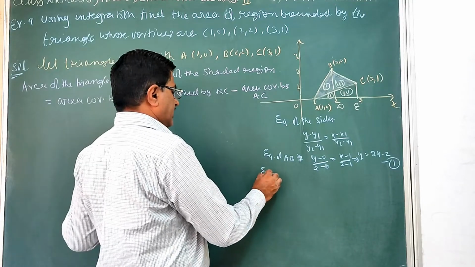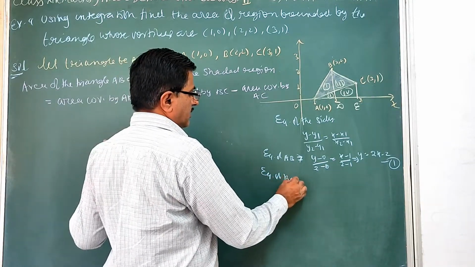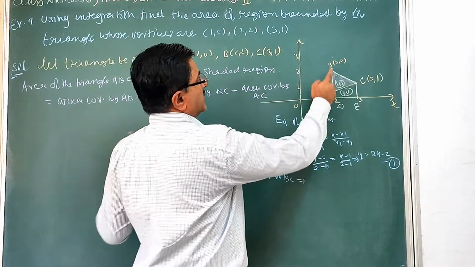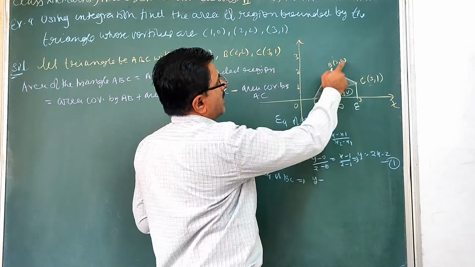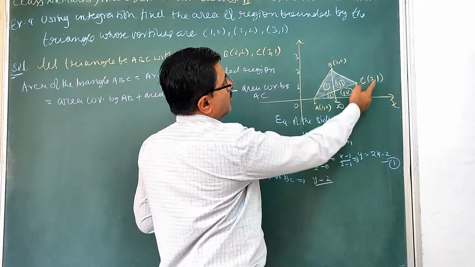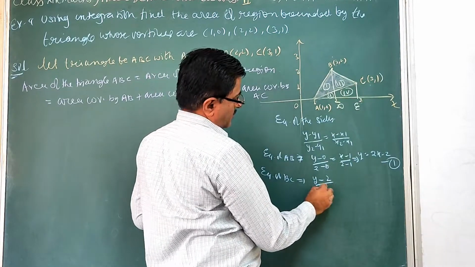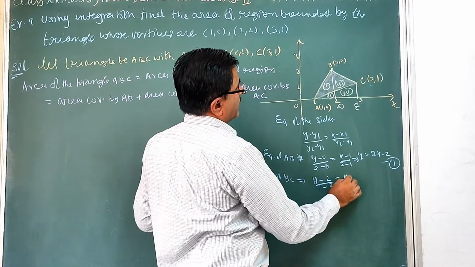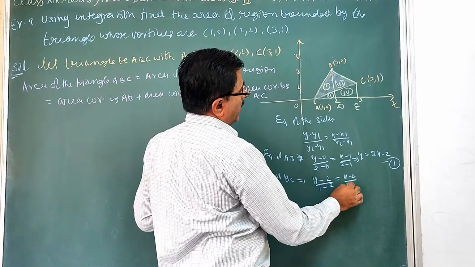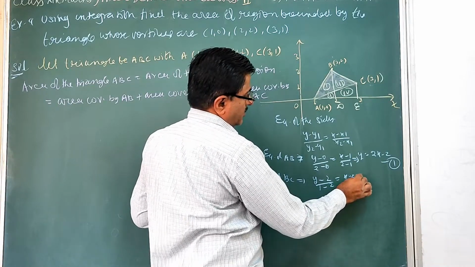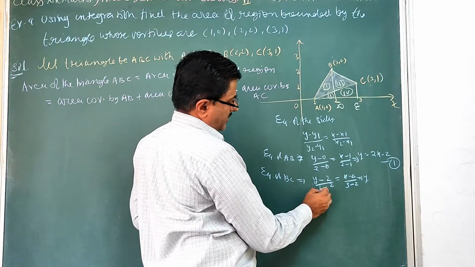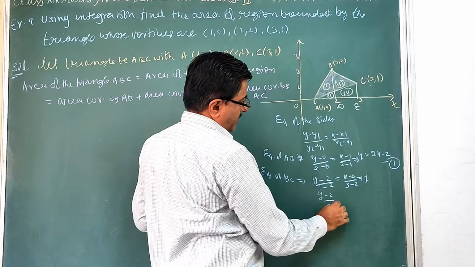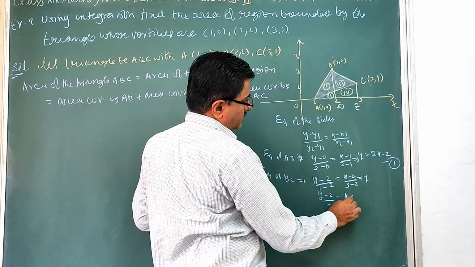Similarly, you find the equation of BC, using coordinates of B and C. So y minus y1 upon y2 minus y1, that is y minus 2 upon 1 minus 2, equal to x minus x1 upon x2 minus x1, that is x minus 2 upon 1. So y minus 2 upon minus 1 equal to x minus 2 upon 1.